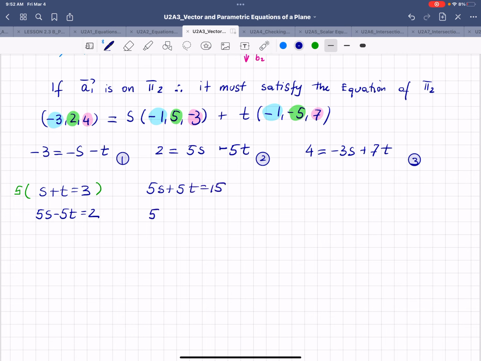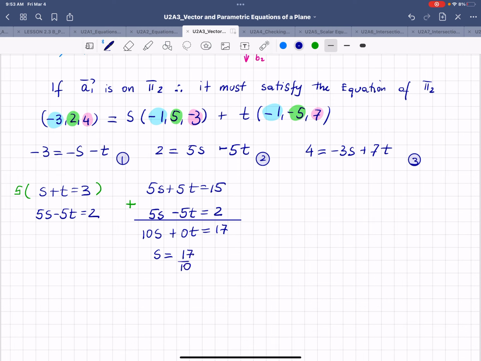And below it, we have 5S minus 5T equals 2. In order to eliminate one of the variables, if I want to eliminate the variable T, I can just add. If I want to eliminate variable S, I can subtract. I choose addition, and this will give us 10S plus 0T equals 17. That will give the value of S as 17 over 10.